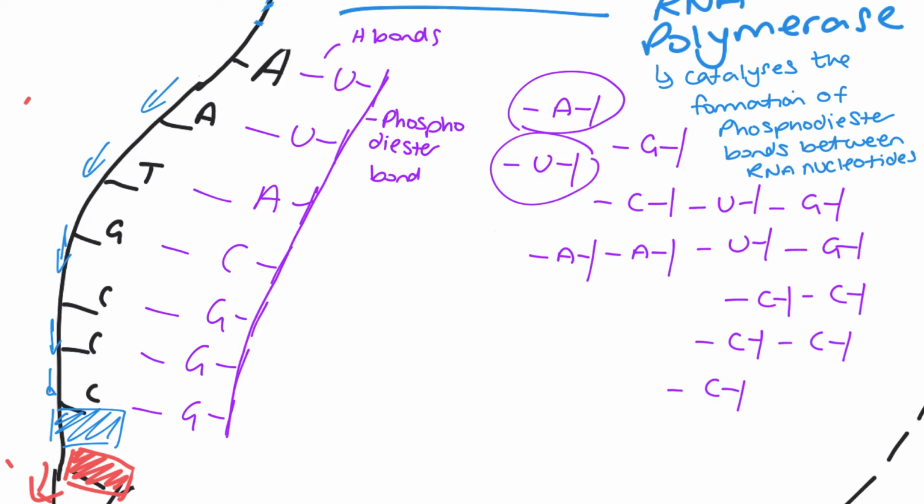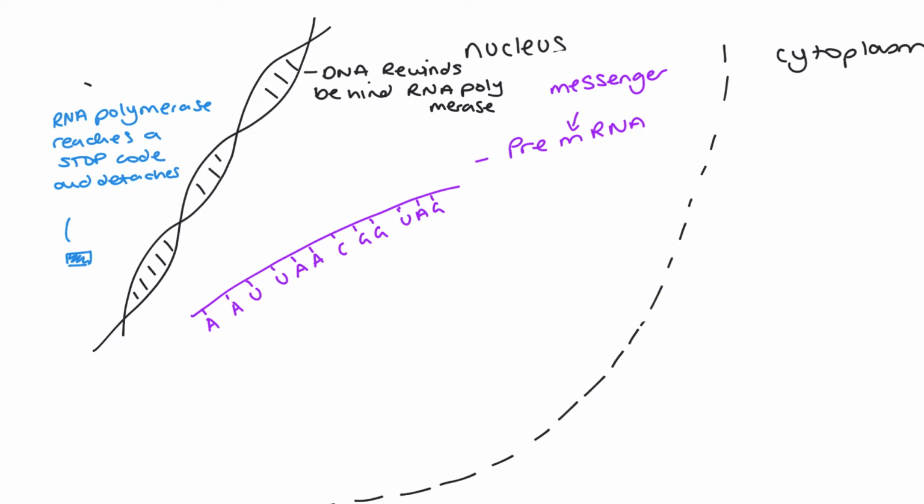And now the pre-mRNA detaches, and we have a single strand of mRNA in the nucleus, and we have our double-stranded DNA. Okay, so I've just cleaned up this diagram a little bit.